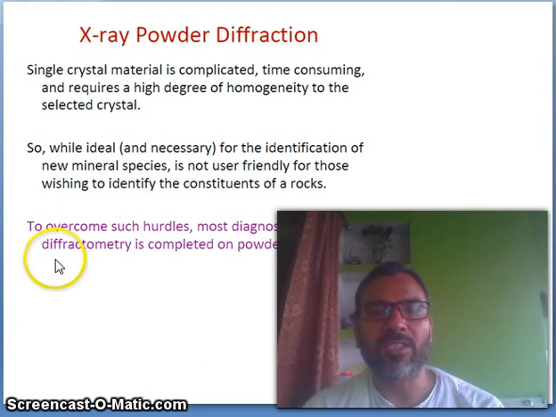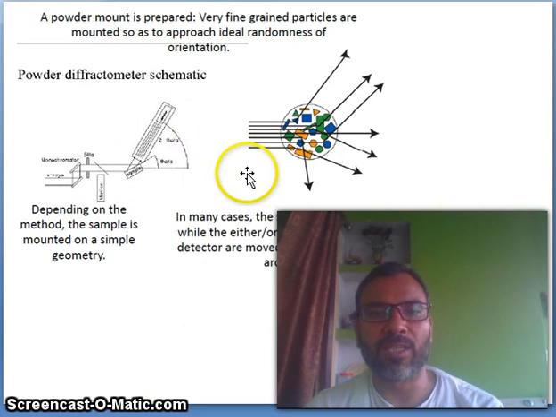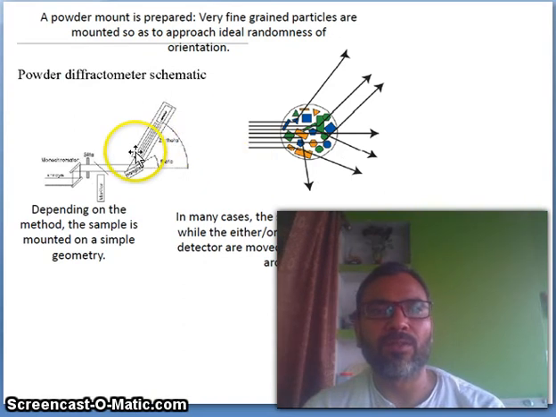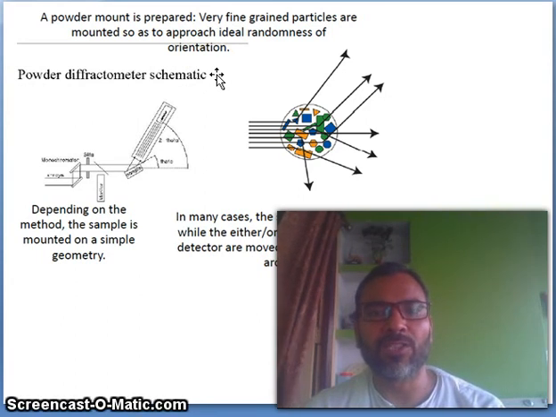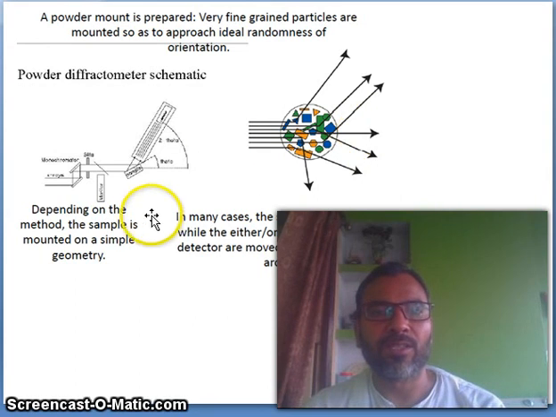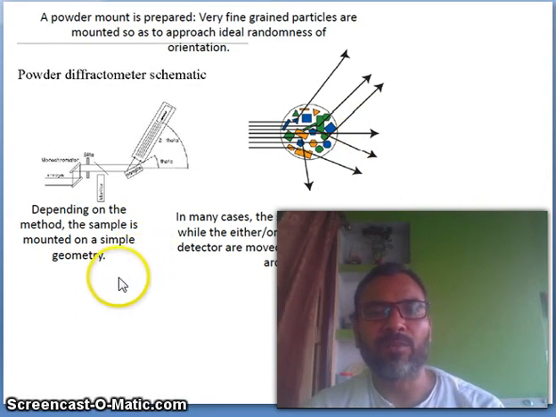To overcome such hurdles, most diagnostic mineral diffractometry is completed on powdered samples. So the powder mount is prepared; very fine grained particles are mounted so as to approach ideal randomness of orientation. You see, this is the powder, and now diffraction. Depending on the method, the sample is mounted in a sample geometry.